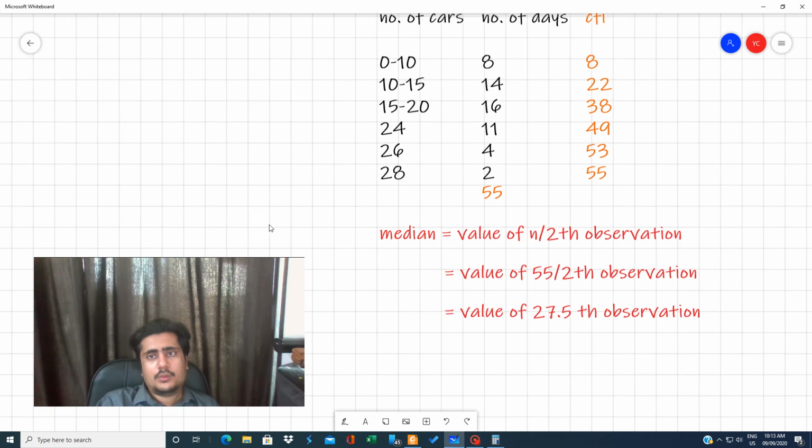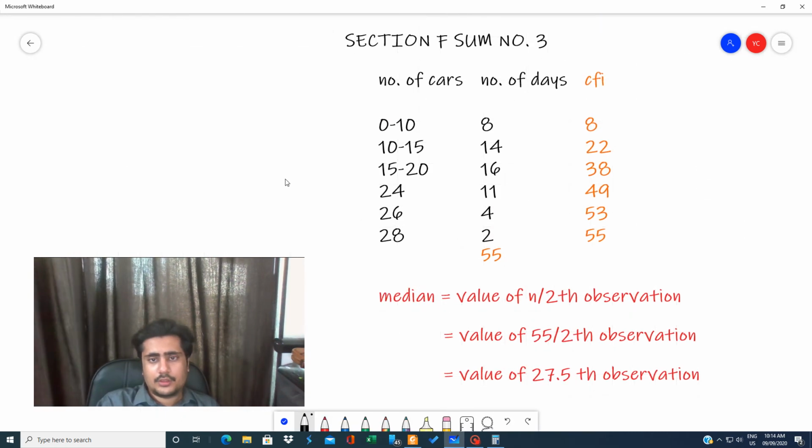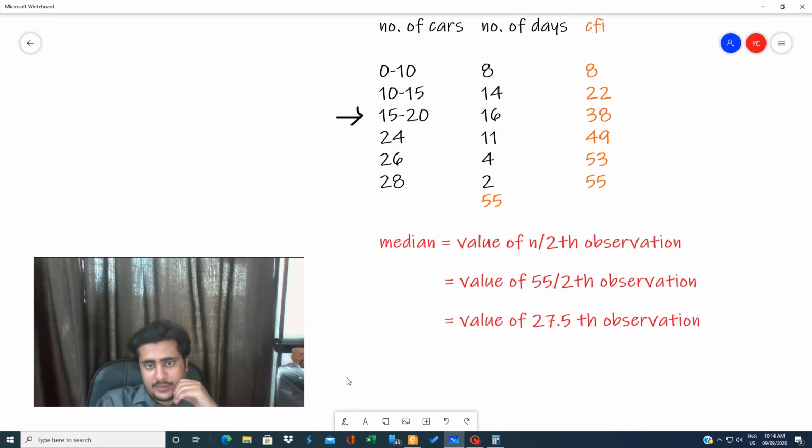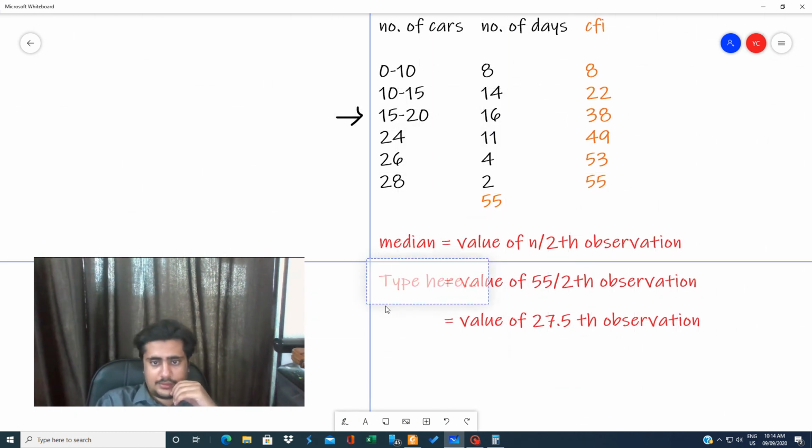Now what is the 27.5th observation? You will see the 27.5th observation will fall in the class 15 to 20.